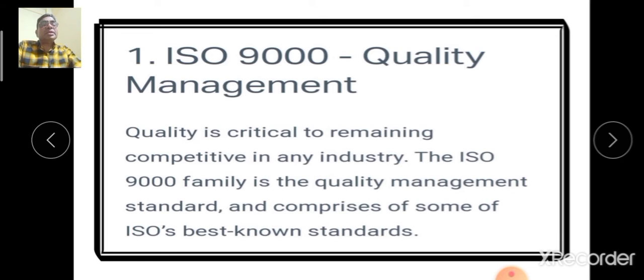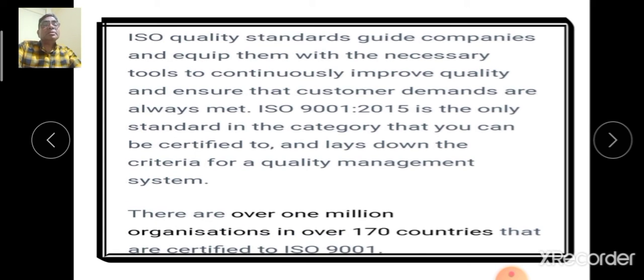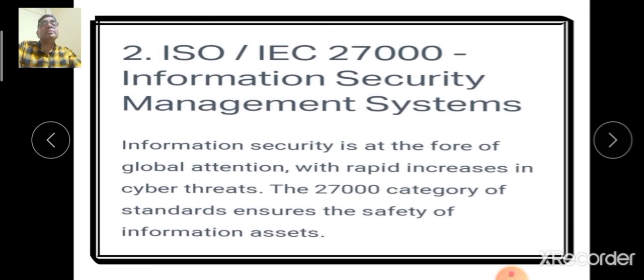Of course, quality is critical to remaining competitive in any industry. The ISO 9000 family is the quality management standard, and it comprises some of ISO's best known standards. There are over 1 million organizations in over 170 countries that are certified to ISO 9001.